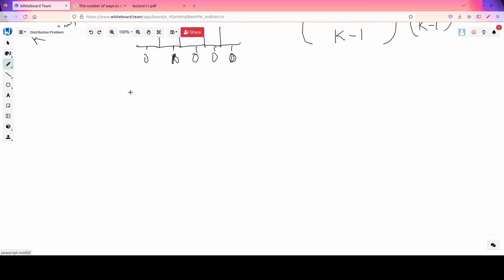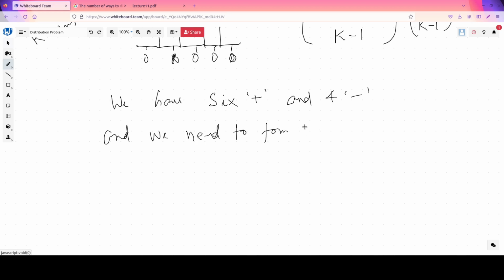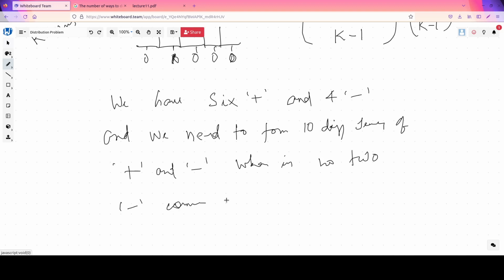So the problem statement says we have 6 positive signs and 4 negative signs, and we need to form a 10-digit sequence of positive and negative signs wherein no two negative signs come together, right?